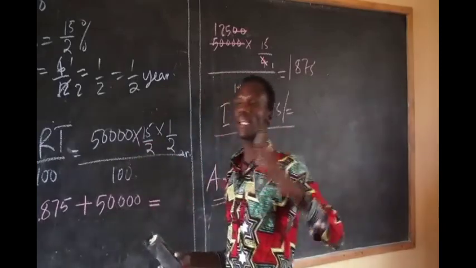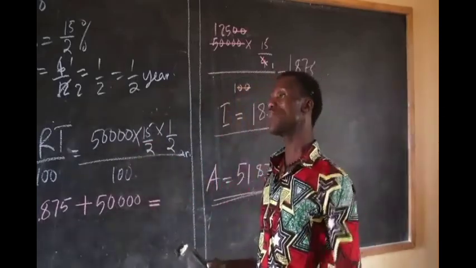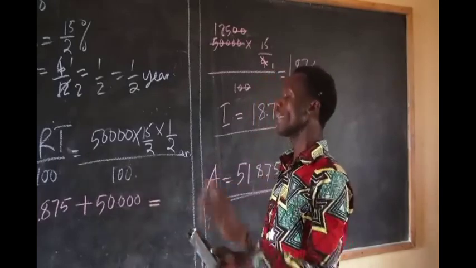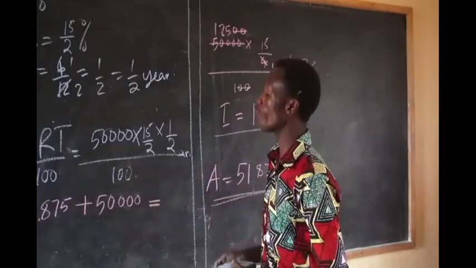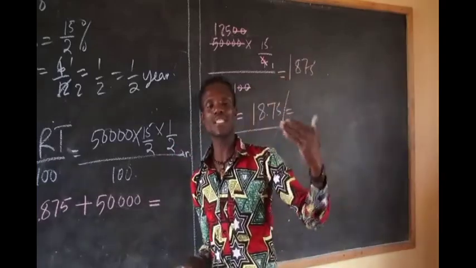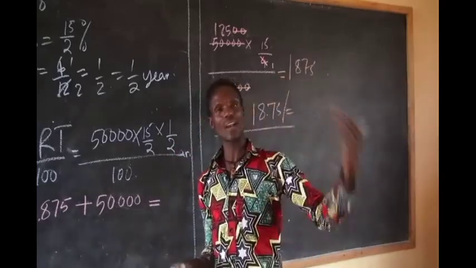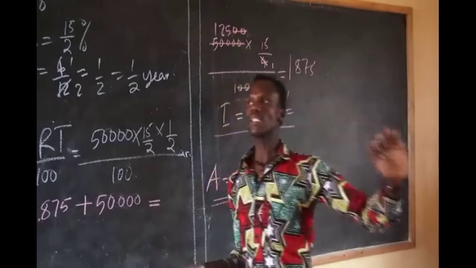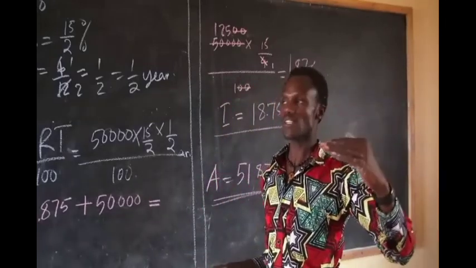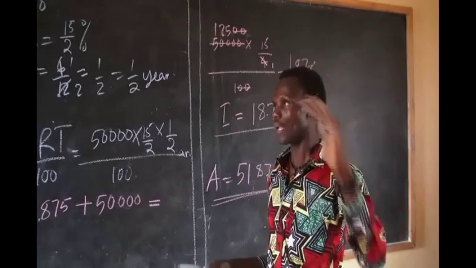As I said, interest is equal to principal times rate times time the money stayed there, over 100. By applying that principle, you find the interest that you need. After you have the interest, you know that interest plus principal is equal to the amount of money a person can earn from the bank.